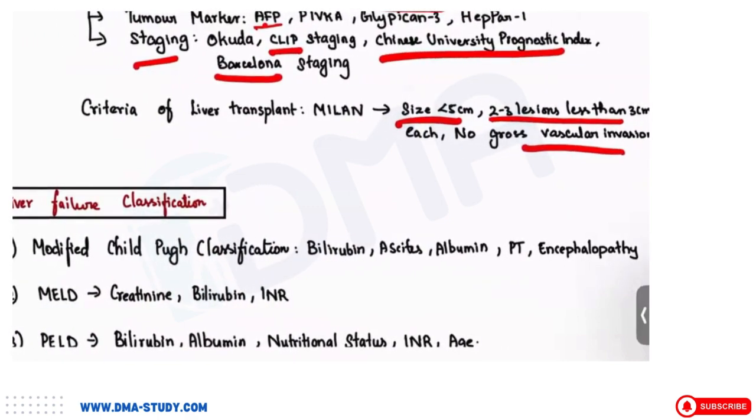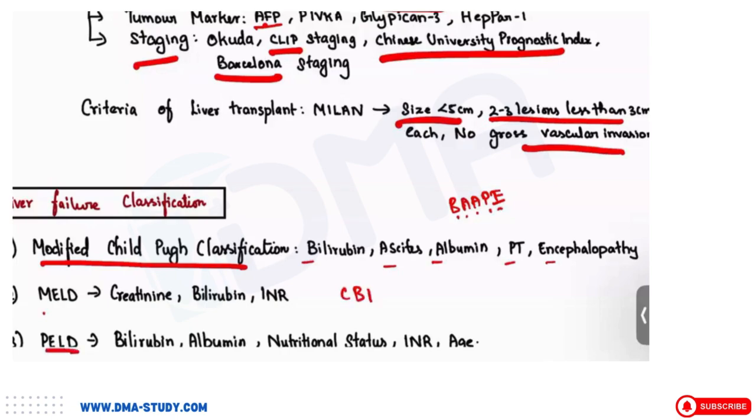What are the components of the modified Child-Pugh classification? BAAPI is the mnemonic: bilirubin, ascites, albumin, PT, and encephalopathy. And MELD scoring, CBI: creatinine, bilirubin, and INR.